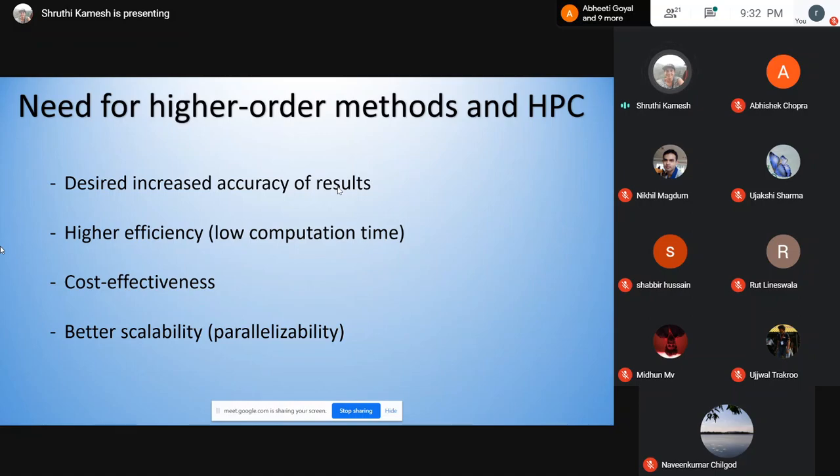Cost effectiveness is self-explanatory, and so is better scalability, which is parallelizability. Say I am given a problem solved in one dimension, and I would want it solved for 3 dimensions, or for a bigger mesh, or say I'm given the solution for a small car and I would want to know what it looks like in 3D, at 10 times its size.